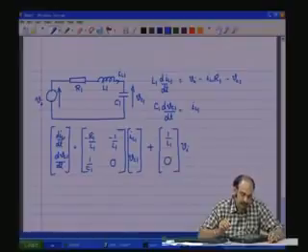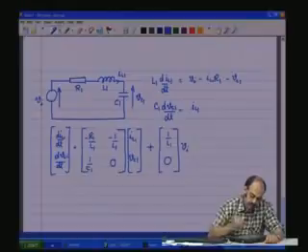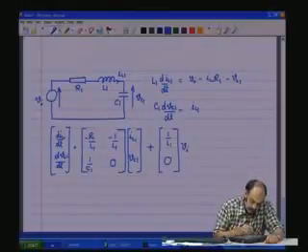Output equation, what is it that you would like to see? So, let us say we would like to see VC1.